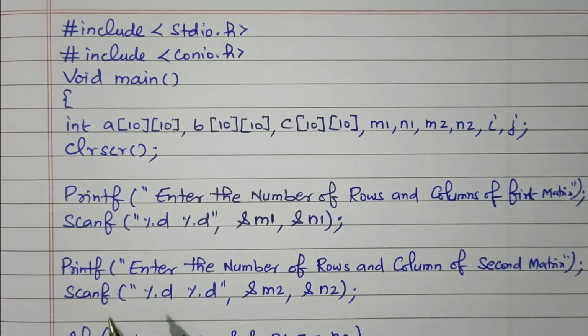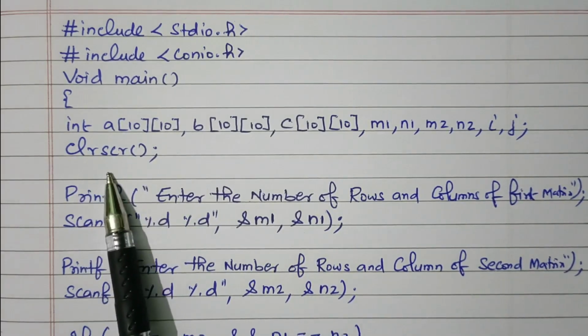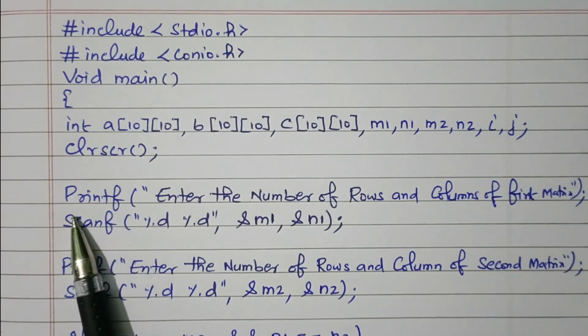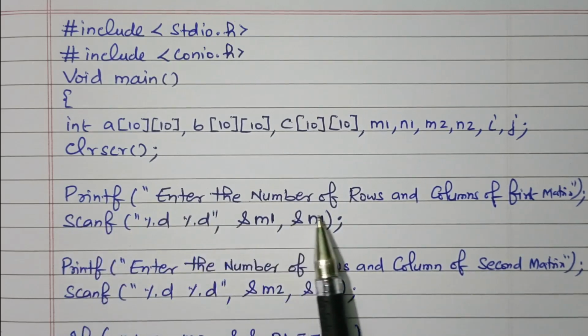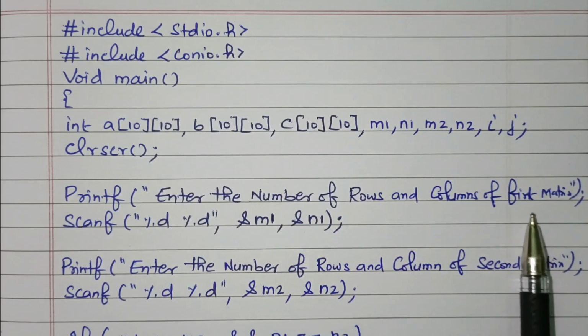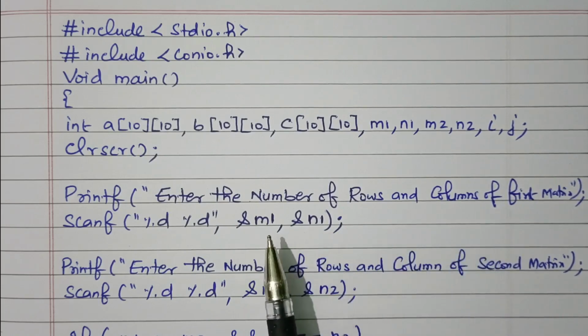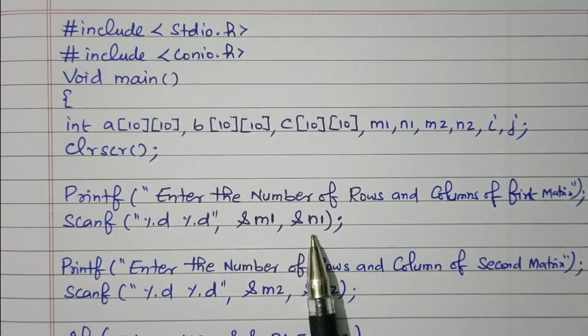So after declaring the variables, we can clear the screen in order to clear the previous content. Then we need to get the row size and column size of the first matrix and second matrix. So we print: enter the number of rows and columns of first matrix. We are asking the user to enter the row and column size of the first matrix. So the user will enter two data, row size and column size.